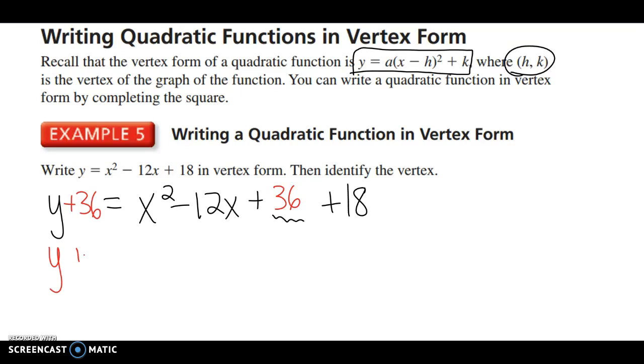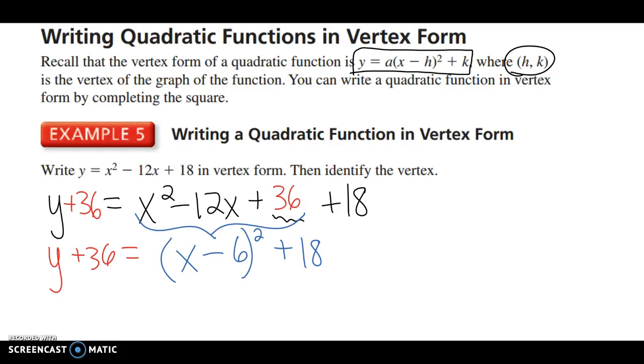I'm going to rewrite my factor here. x squared minus 12x plus 36 is the same thing as x minus 6 all squared plus 18.